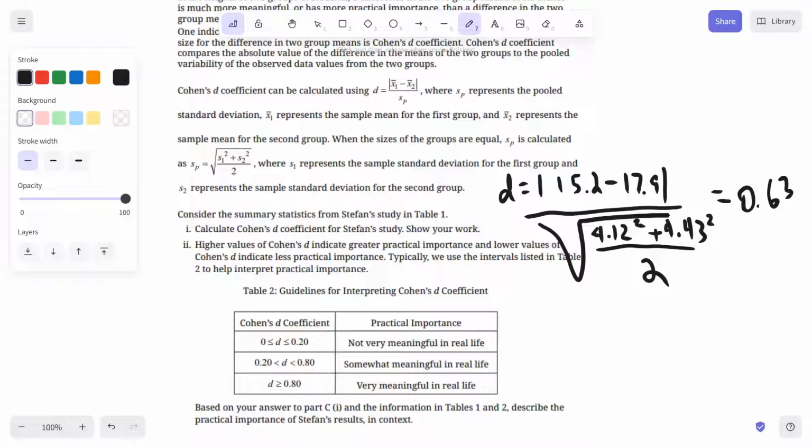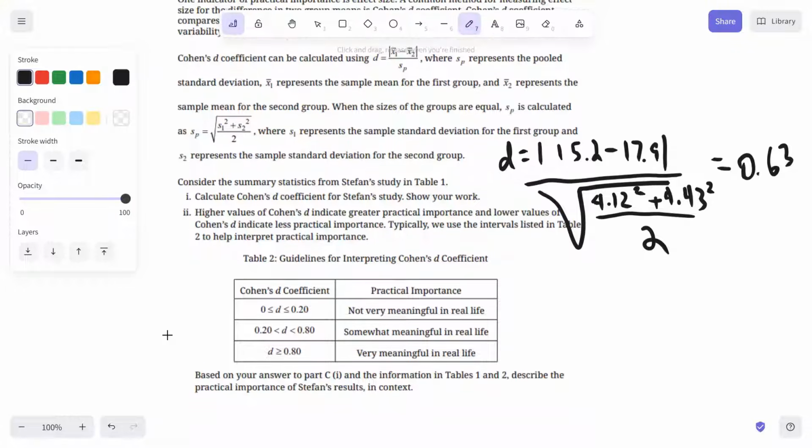Part 2, higher values of Cohen's D indicate greater practical importance and lower values of Cohen's D indicate less practical importance. Typically, we use the intervals listed in Table 2, right there, to help interpret the practical importance. Based on your answer to Part CI, in the information in Tables 1 and 2, describe the practical importance of Stephan's results in context.